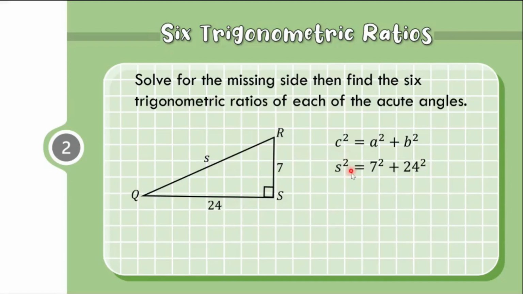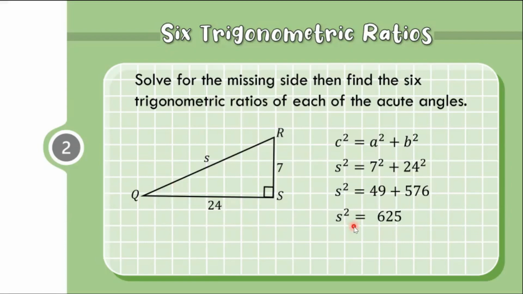Therefore, we will have s squared is equal to 7 squared plus 24 squared. And this is s squared is equal to 49 plus 576. 49 plus 576 is equal to 625.